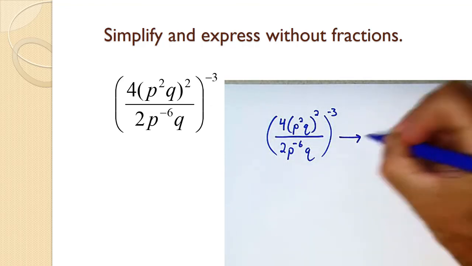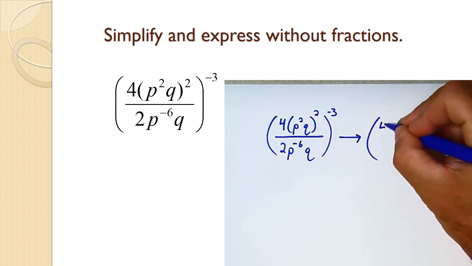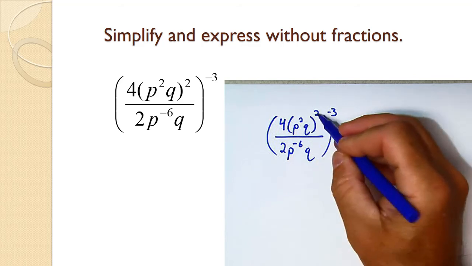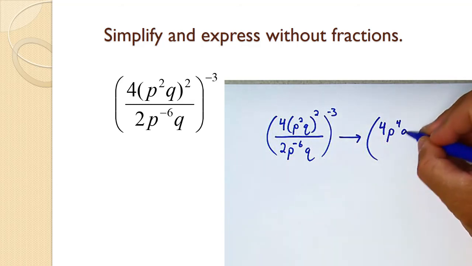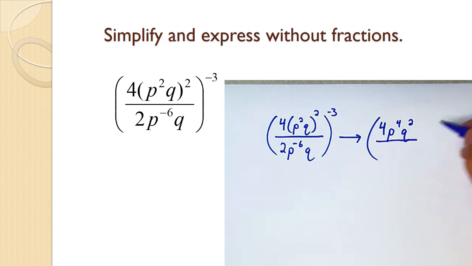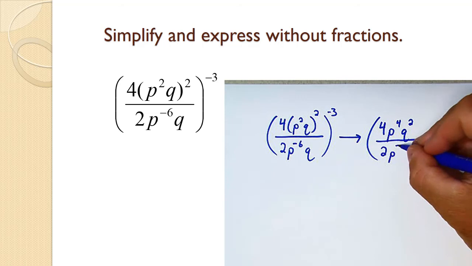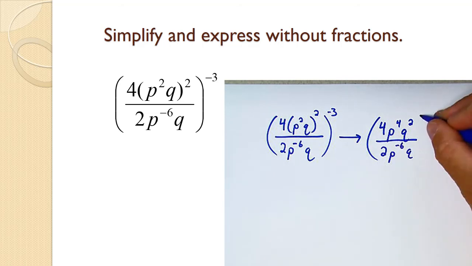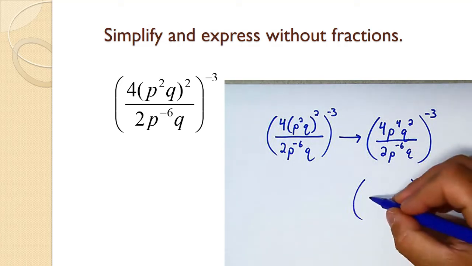So if we start simplifying inside the parentheses, in our numerator, we'll have 4 p squared squared, that's going to be p to the 4th, and q squared. And in our denominator, we'll have 2p to the -6th q. Now, 4 over 2, of course, reduces for its own sake.